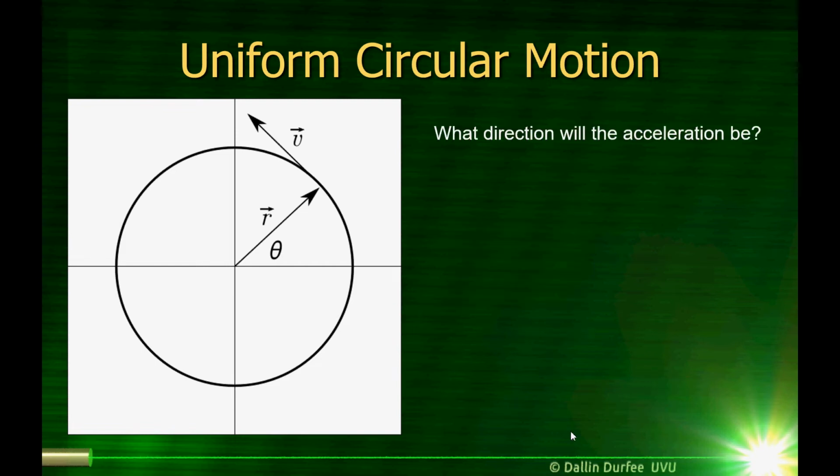Now, what direction will the acceleration be if something is undergoing uniform circular motion? In a previous video, we talked about how we can break up acceleration into two components, a component which is parallel to the velocity and a component which is perpendicular to the velocity. The parallel component doesn't change the direction, but it changes the magnitude of the velocity.